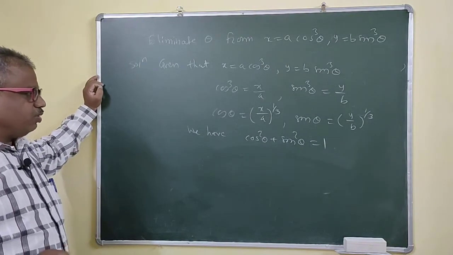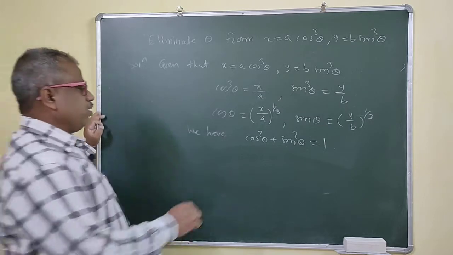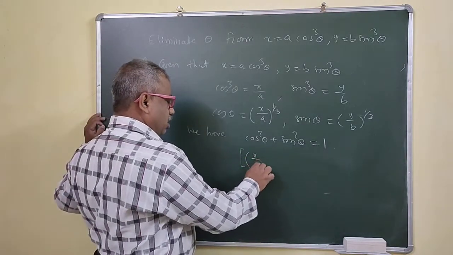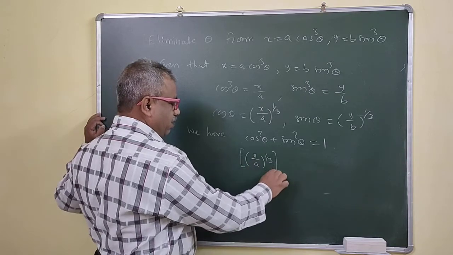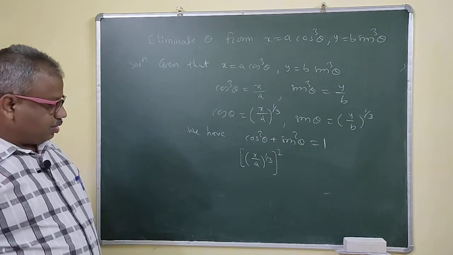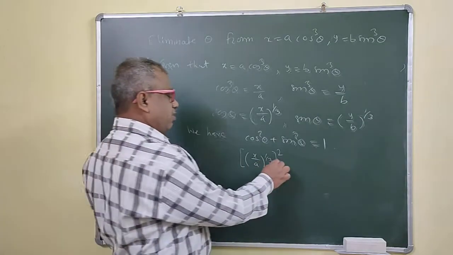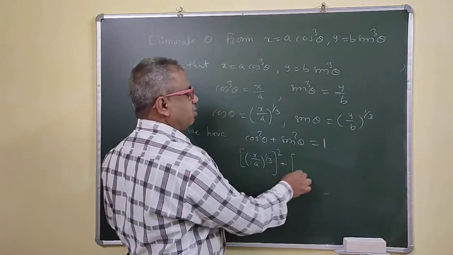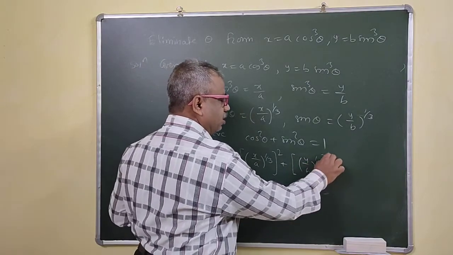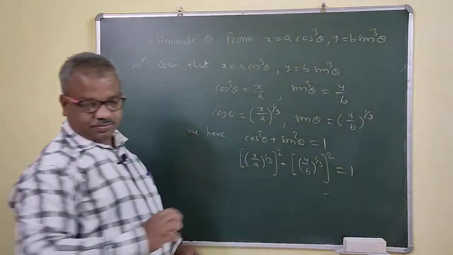We will write the value of cos theta in bracket now. So cos theta is equal to what? Your (x by a) to the power 1 by 3, whole to the power 2 now. Now we will put the value of sin theta. Your sin theta is what? (y upon b) to the power 1 by 3, whole square, is equal to 1.